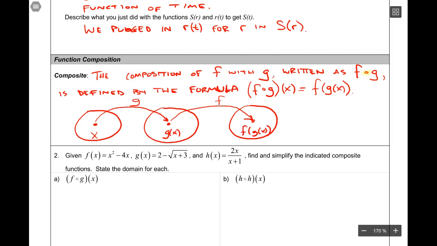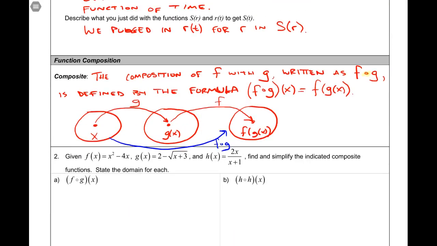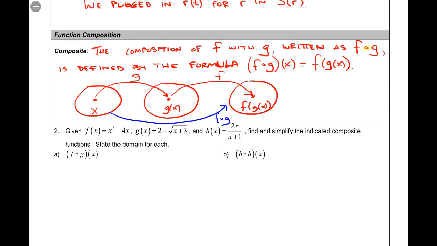So the output of g goes in as the input of f. And this whole thing right here, if we take it directly from here to here, is f composed with g. That's the notation. And again, you will hear me more often say, hey, that's a composite function than a function composition. Okay, let's look at some examples here.